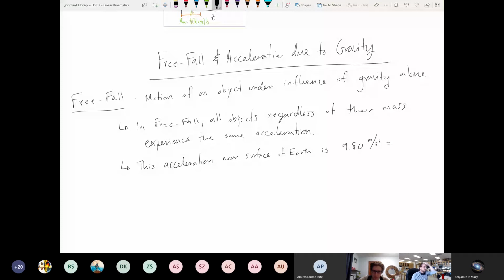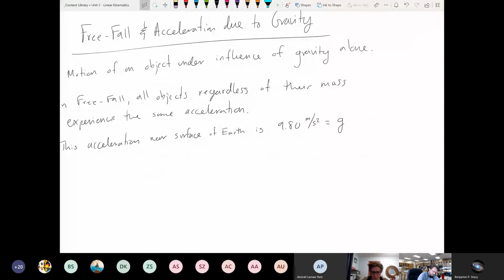That's what we call the acceleration due to gravity near the surface of the Earth, we give it the lowercase g. So if you ever see lowercase g, that's the value it's talking about. This would be our acceleration in the y direction, or a_y, one of our kinematic variables in the y or vertical direction.